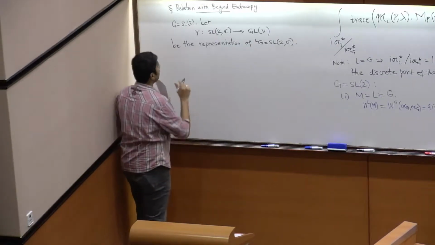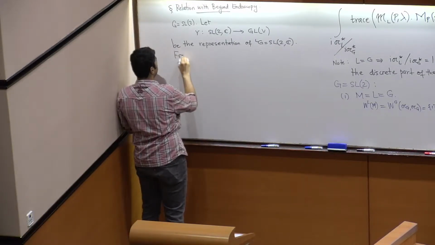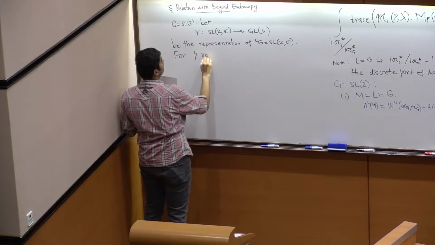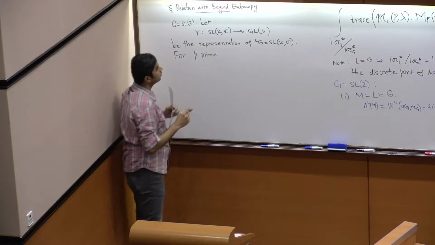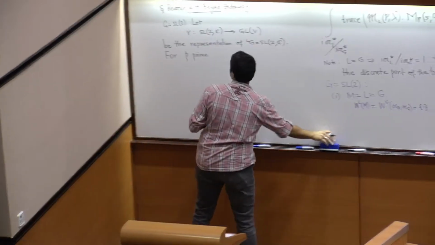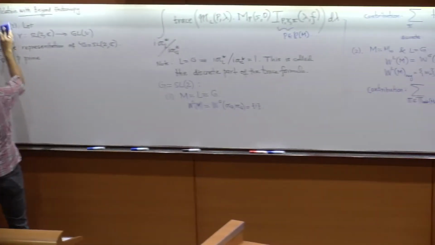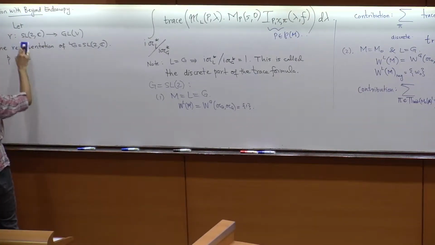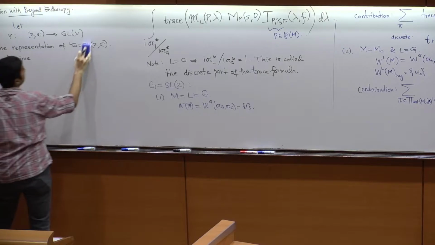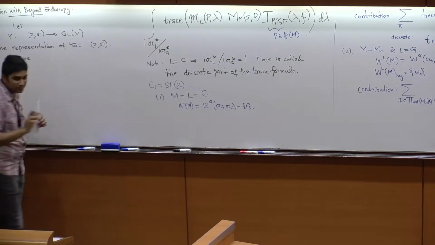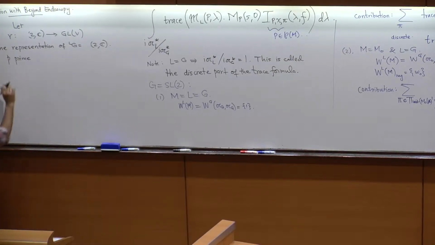Now for every prime p, so fix a prime p. Let me take G to be PGL2. It doesn't matter actually. What I want to say is, a particular choice of G doesn't matter in this case.